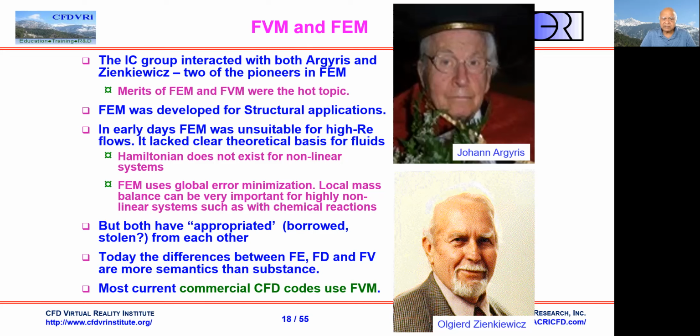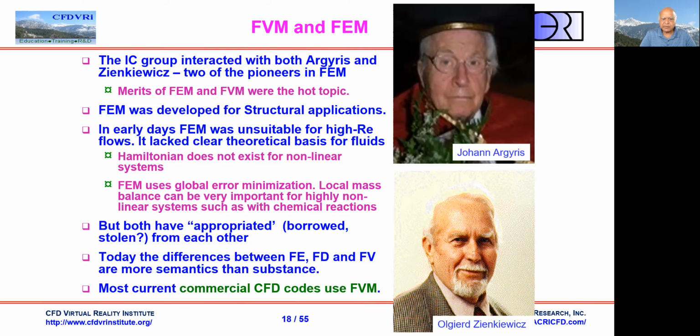Also, it lacked a clear theoretical basis for fluids, because the Hamiltonian, the minimum energy, does not exist for nonlinear systems. But in my opinion, a bigger drawback was that the finite element method uses global error minimization even today. There are many systems, such as combustion, where a small error can lead to orders of magnitude larger error in some other quantity, like a small error in temperature leading to a big error in reaction rate.